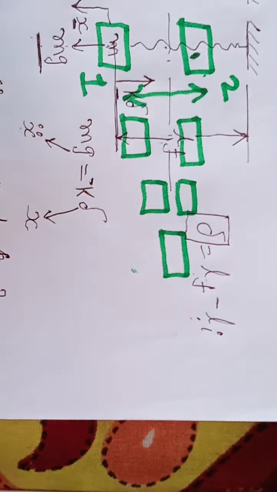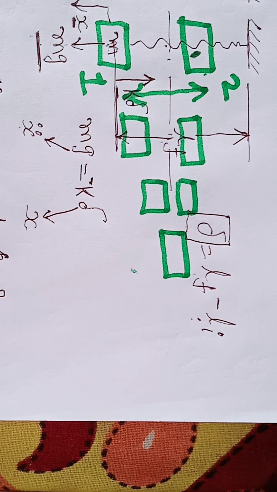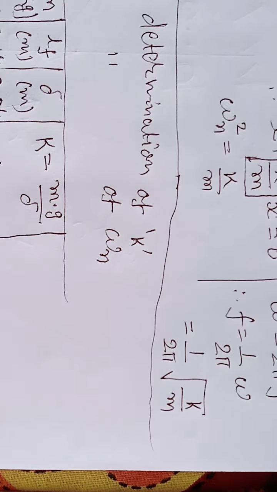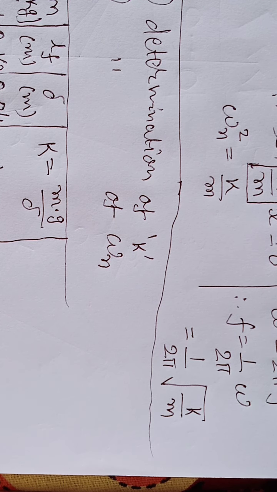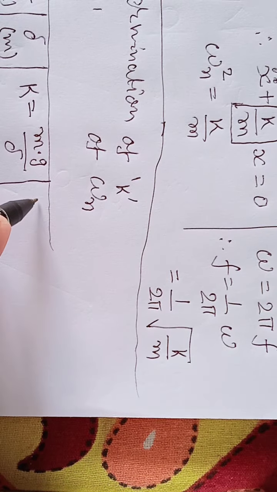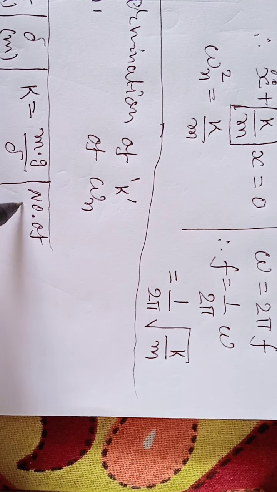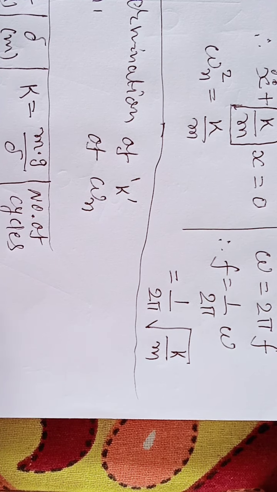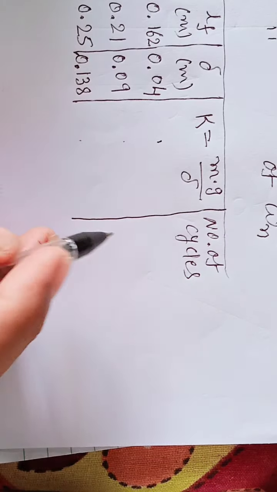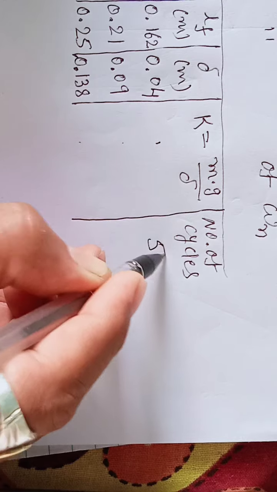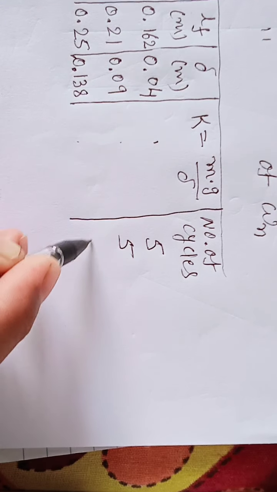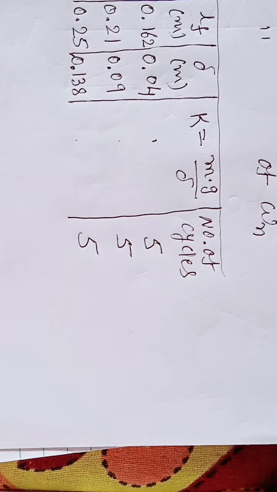In this way, for 5 cycles we are going to observe how much time it will take to complete 5 oscillations. So number of cycles we keep fixed, and it is 5 for all 3 readings.